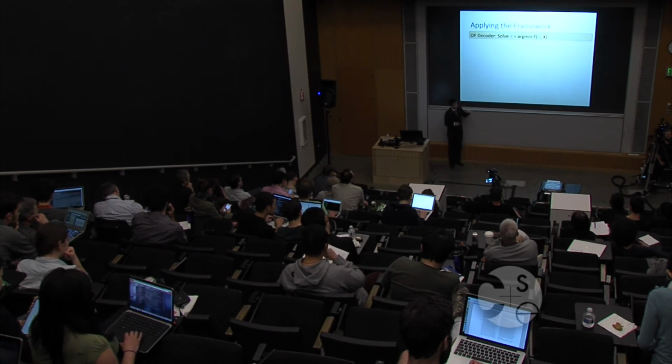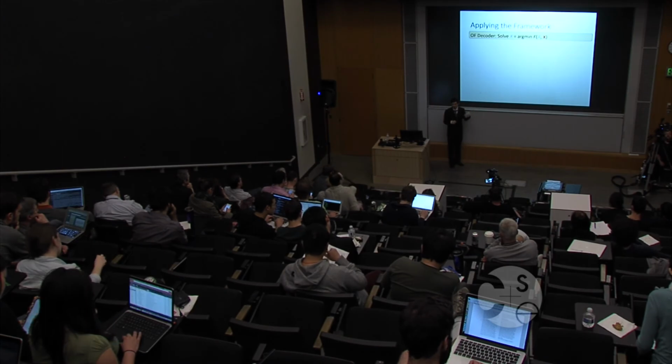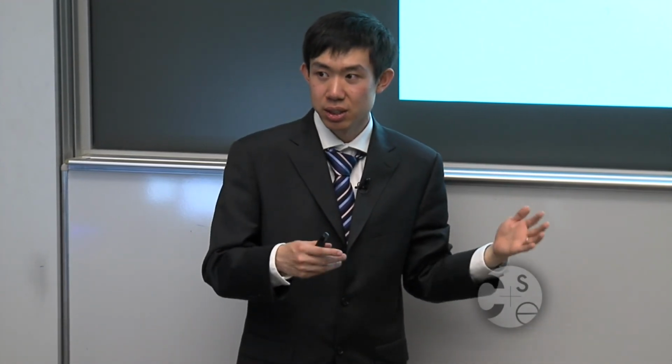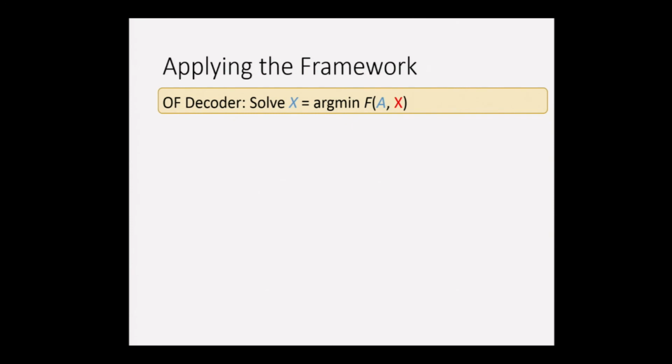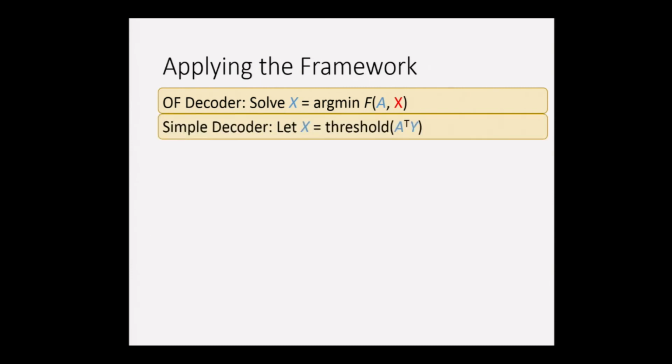But the problem is we were assuming the incoherence assumption on the true dictionary A, but our initial guess is not close enough to maintain this incoherence property. So in general, this optimization problem can be quite non-robust for our initial dictionary. So what we do instead is use a much simpler decoder, which looks at the correlation of our signals and our current guess for the dictionary elements. Let me not get into detail. The idea is that using this very simple procedure, we can still get a reasonable sparse code that's more robust.